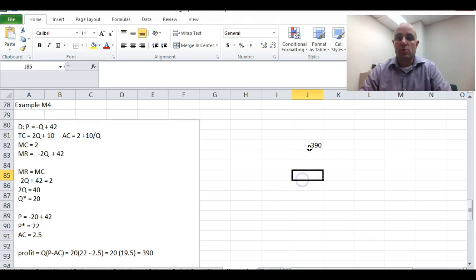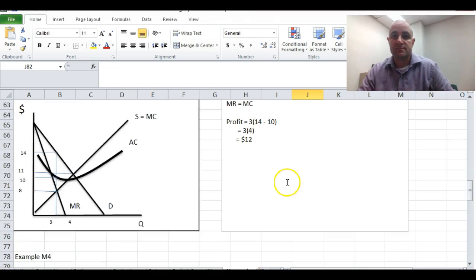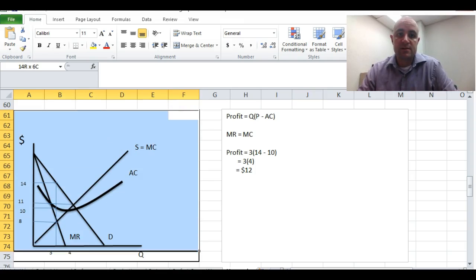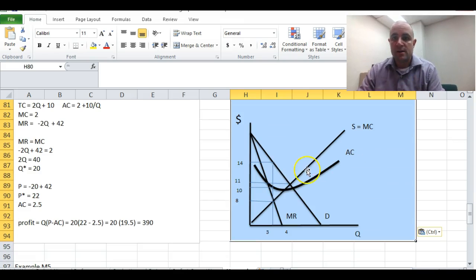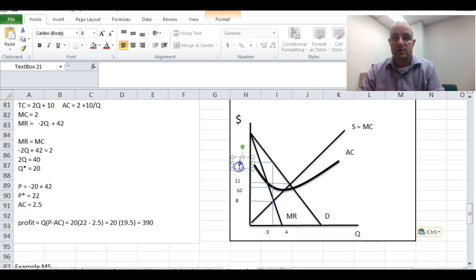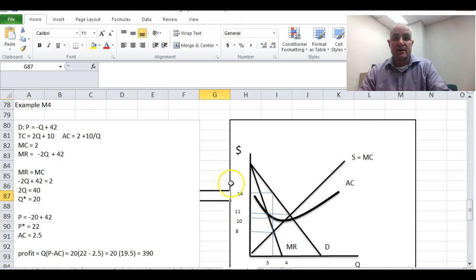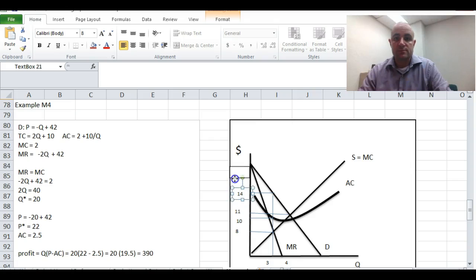And if we go through and graph this, let's take our graph here. We have our demand, which is minus Q plus 42, so it's going from 42 down.